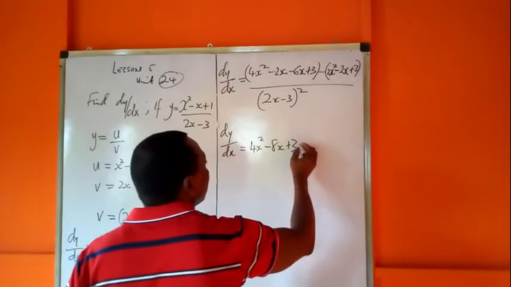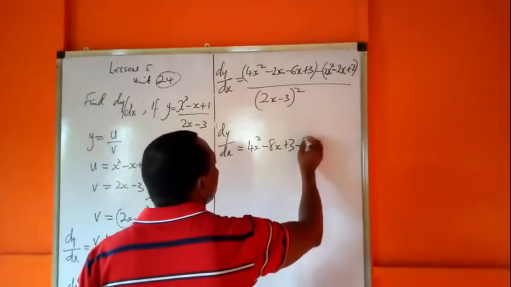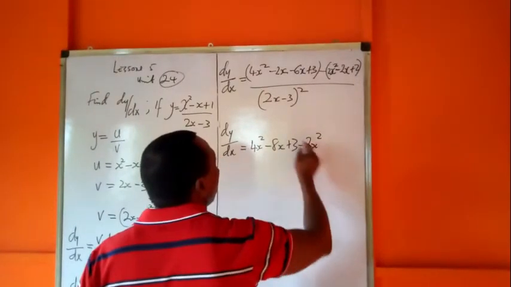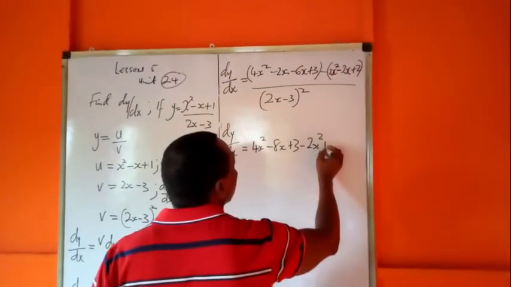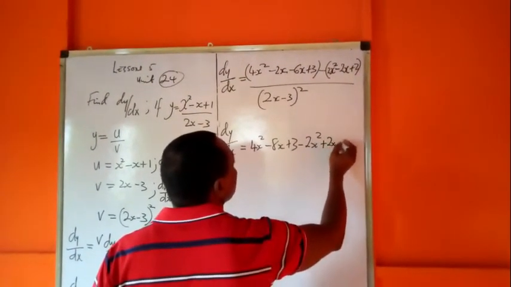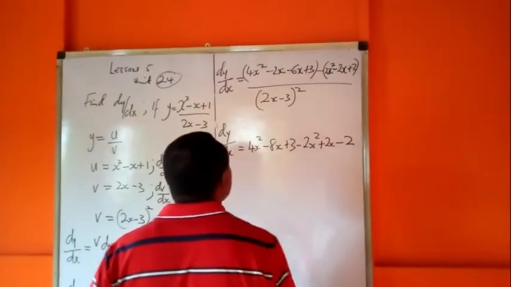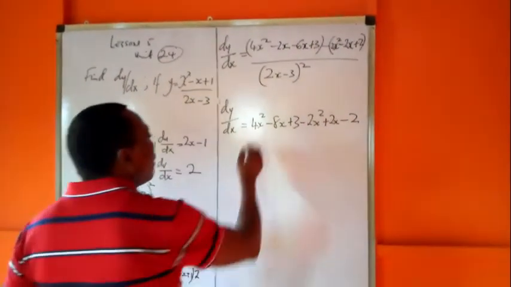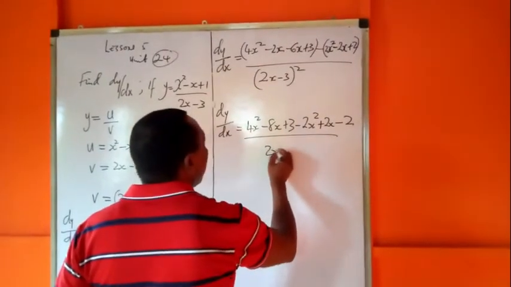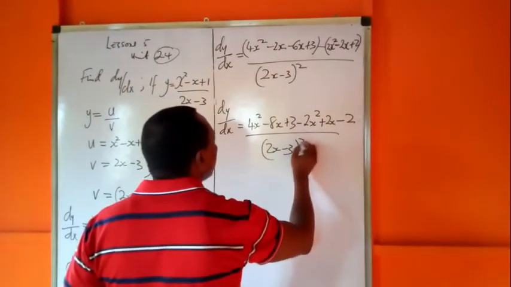Now we can open this, become minus 2x squared. It becomes plus 2x minus 8. So let's see over 2x minus 3 whole squared.